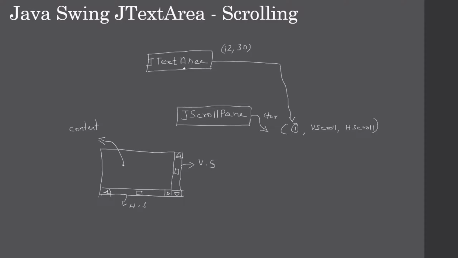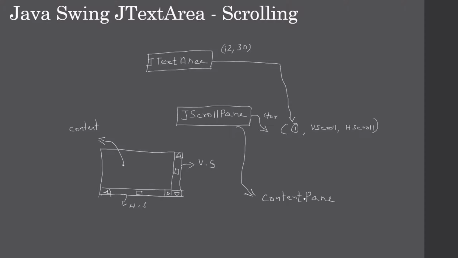Once you create the JTextArea and hand it over to the JScrollPane, the JScrollPane will take care of scrolling the text content.